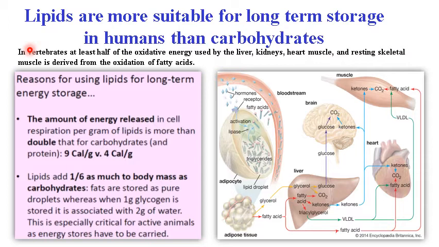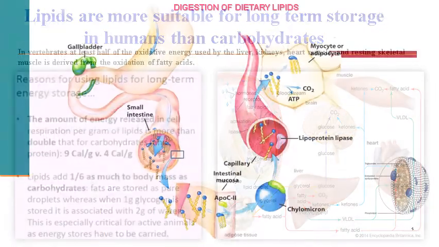So most of the energy in our body is stored as fat, and we have limited capacity for storing glucose as glycogen as a source of energy. About 40% of the body's caloric intake is derived from lipids, and almost all of these calories come from fats like triacylglycerides.